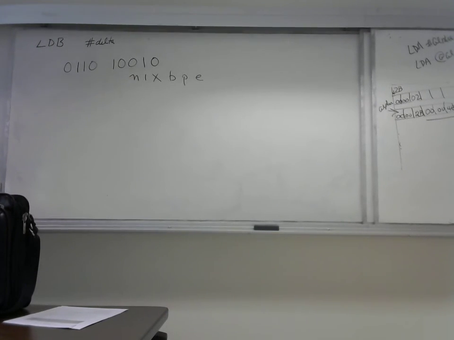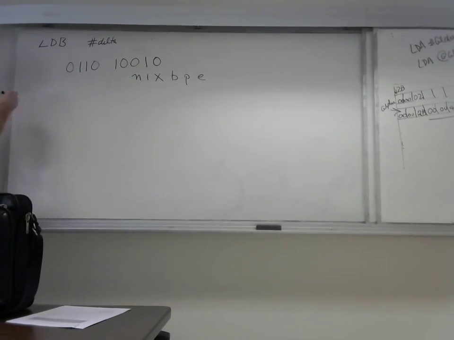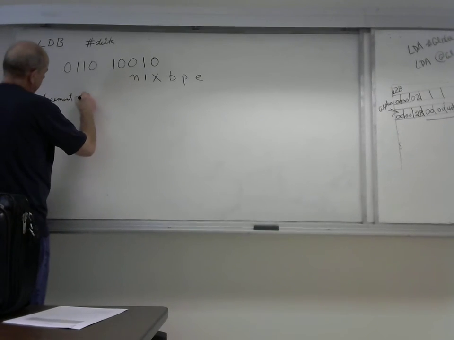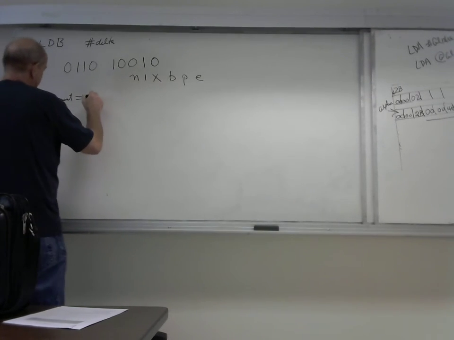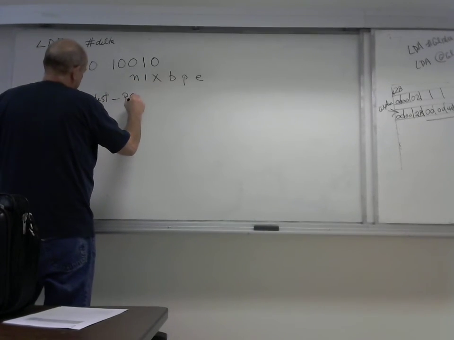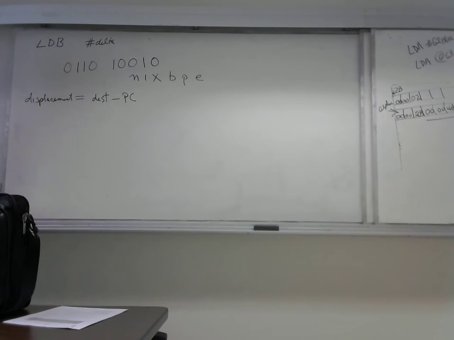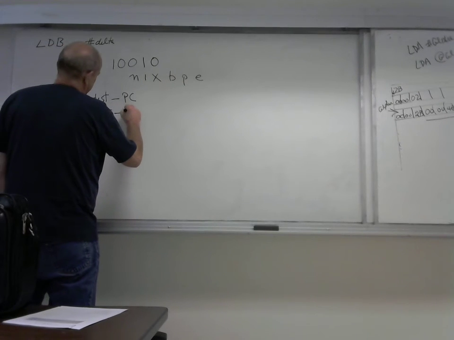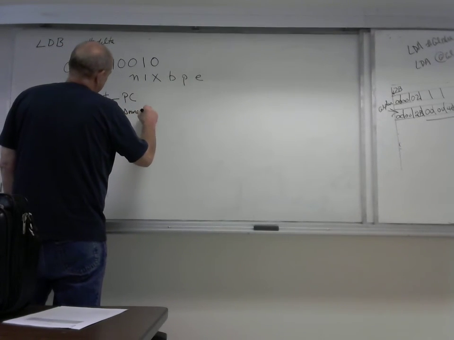All right, PC mode. How do we calculate the displacement? The formula is displacement equals destination minus PC. And because the program counter continues to move, the formula is destination minus source plus 3.